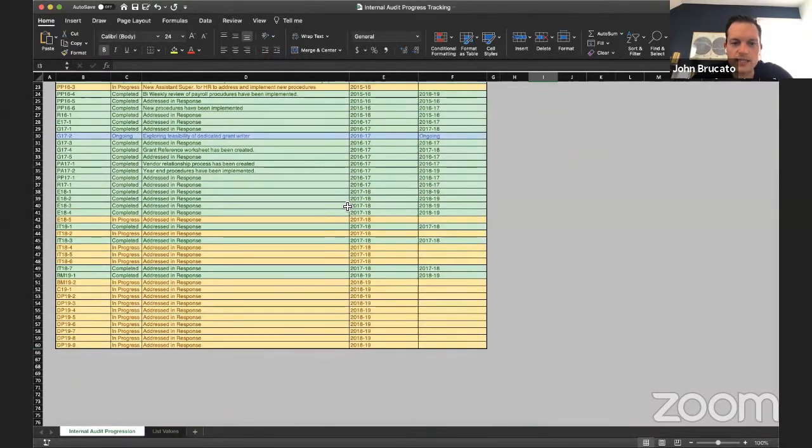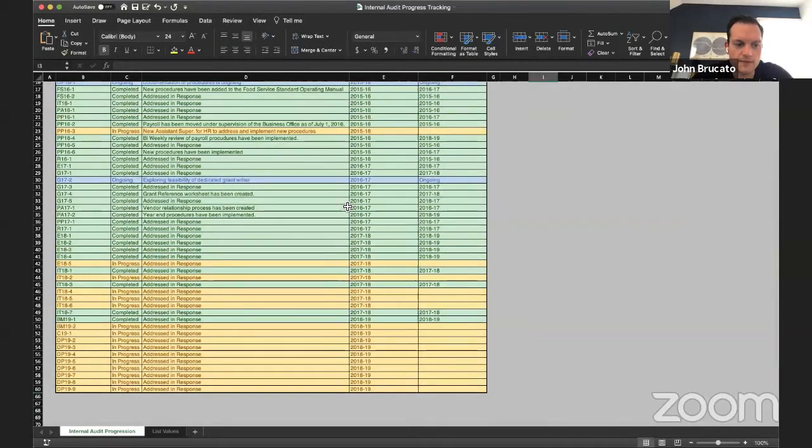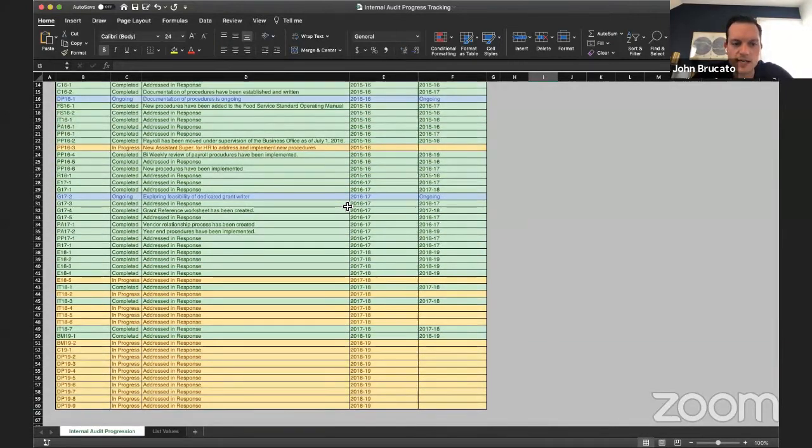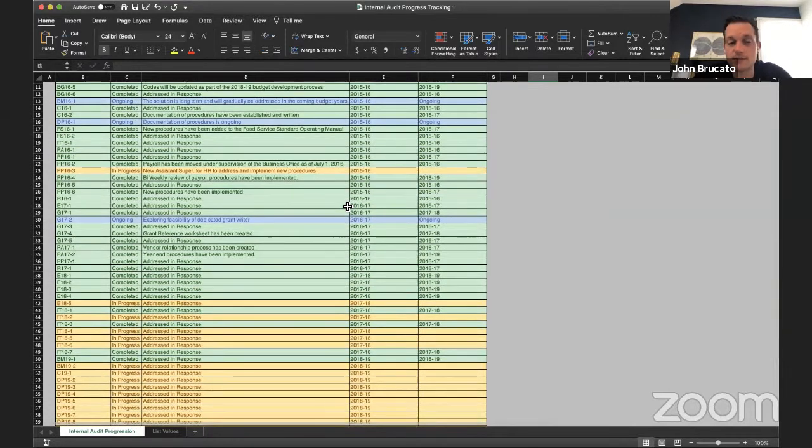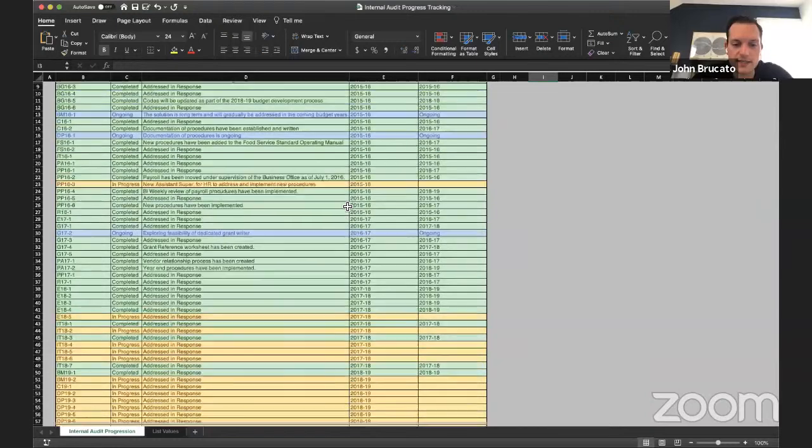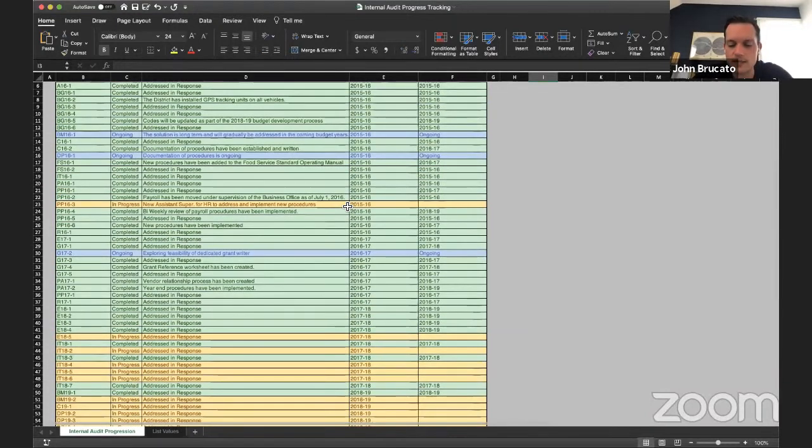It really is every single thing that the internal auditors have recommended. We have a response or some kind of action plan to address those. And sometimes there are things that we can't accommodate. One of the recommendations was to put an updated fire suppression system in our data center.